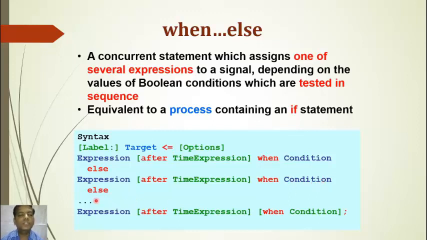Else, according to the number of statements that occur in the system, we write those expressions. Again some expression, then after the time expression, then when and condition, and a semicolon.